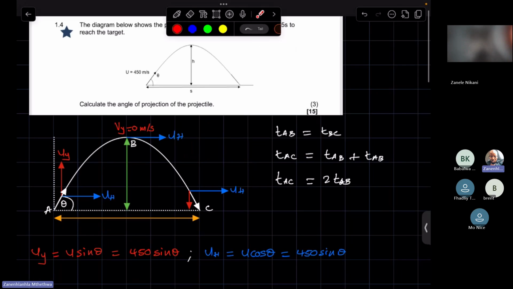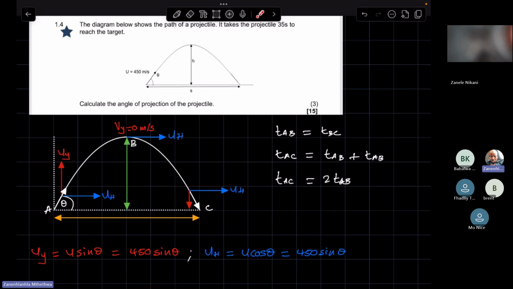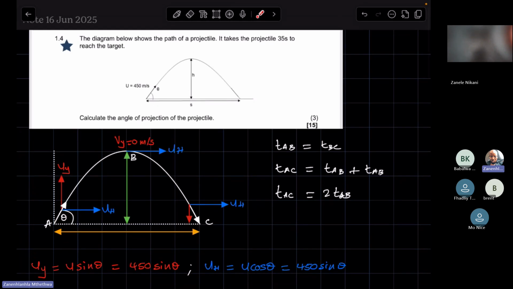So I asked if I'm still making sense, and it was silent in here, as if I'm talking on my own. So what I said is that it is very important, especially for questions where you have to calculate the angle of projection, that you definitely must make use of the information that has been given, because the information that has been given gives context as to how you must calculate this.